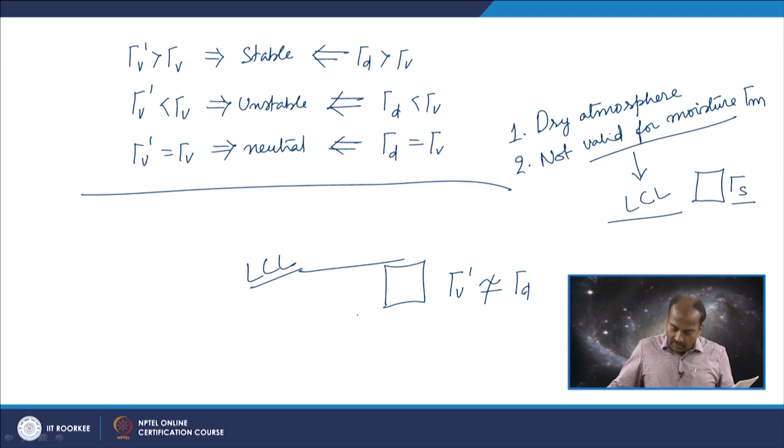So, at the lifting condensation level, what will happen to the mixing ratio? Mixing ratio will remain constant inside the air parcel, that is what we have assumed. But once it reaches the lifting condensation level, the mixing ratio will decrease as you increase the height. Why does it happen? Because of the formation of water droplets, the moisture content available in the air parcel will decrease.